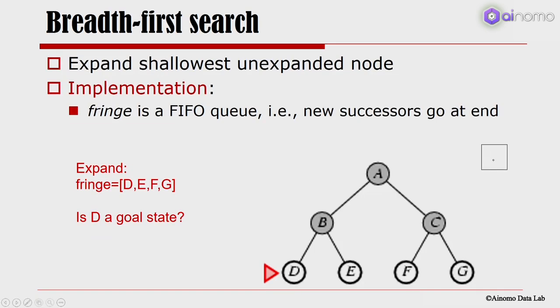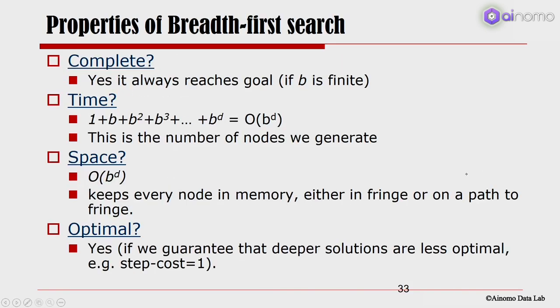A few questions that I want to answer about the properties of breadth first search. The first question is: is breadth first search complete? We can see that breadth first search always guarantees that it will reach the goal if the branching is finite.